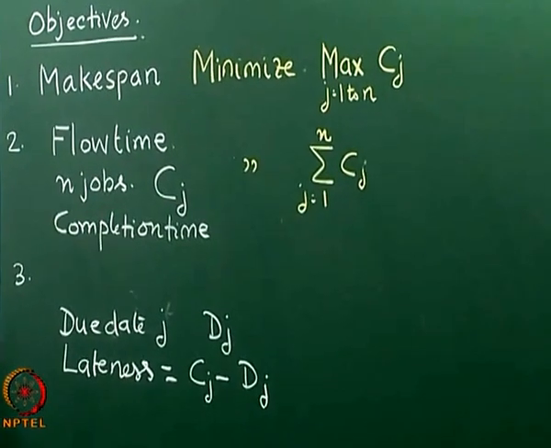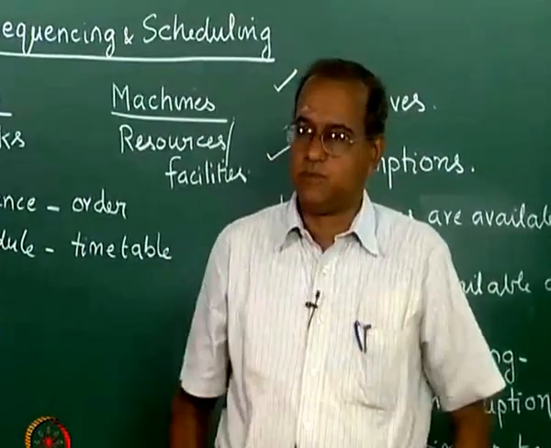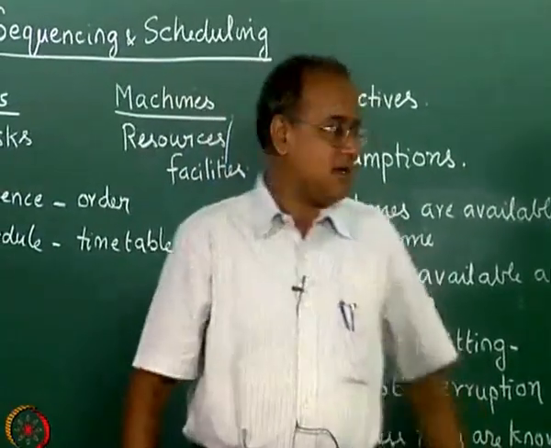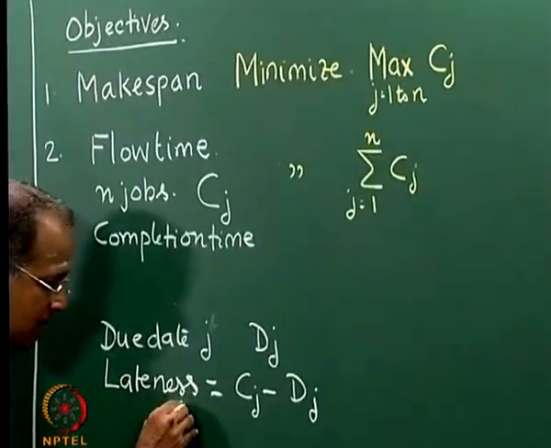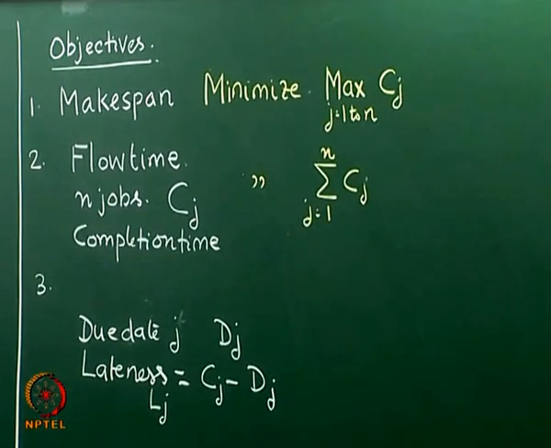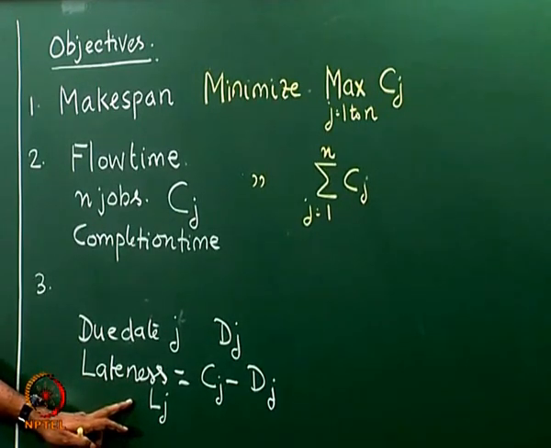Cj is the time at which the job is completed, Dj is the time at which it is due. So, Cj minus Dj is called lateness, and a general term Lj is used to represent lateness. Now, by the very definition of Lj, Lj can be positive or negative.